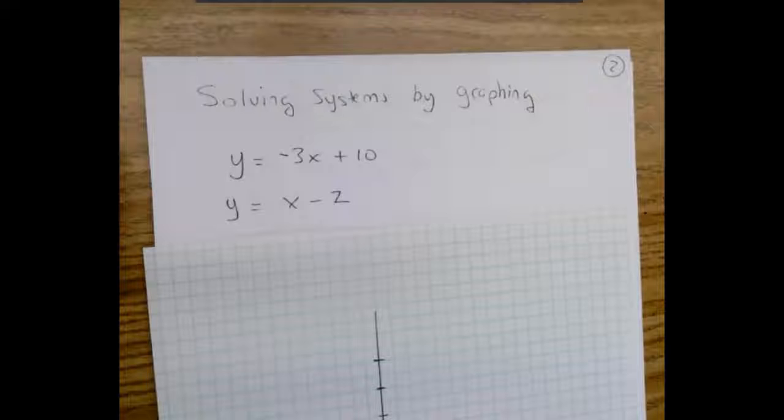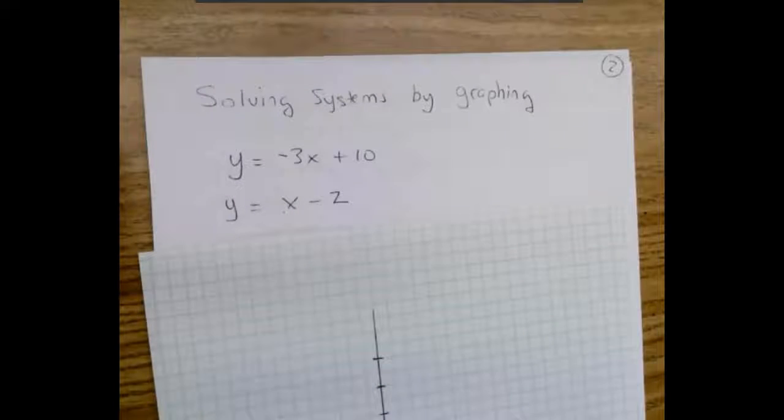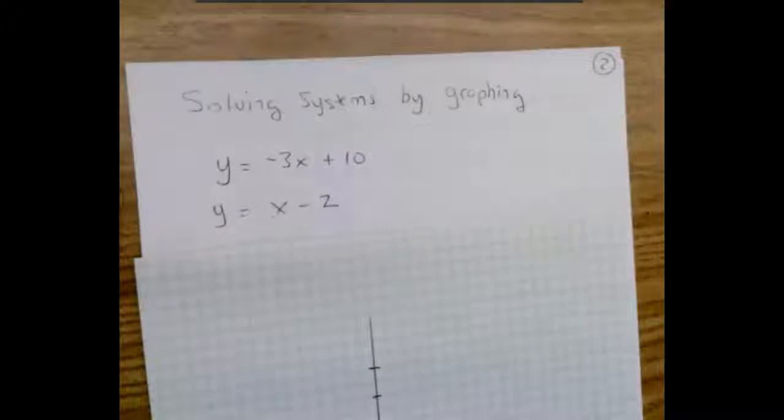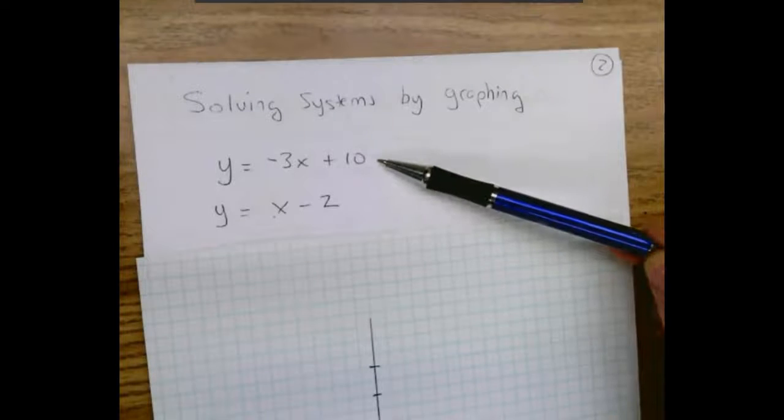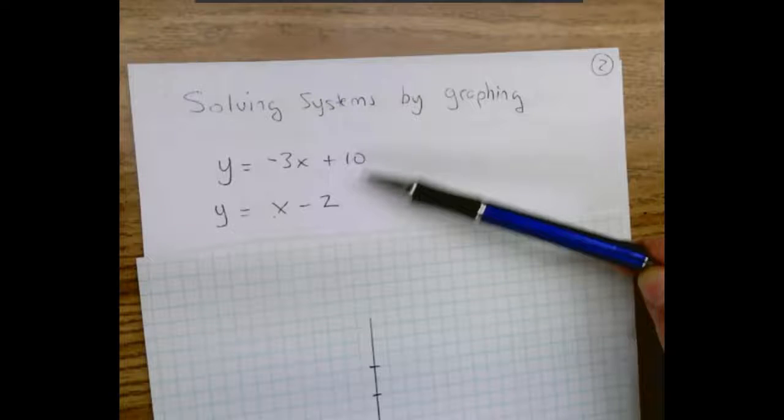Okay, I've got this piece of graph paper ready. We're going to take each one of these equations, which are in slope-intercept form, because we can see the slope right here, negative 3 for this one and 1 for the other, and we can see the y-intercepts, 10 and negative 2. These will be easy to graph.